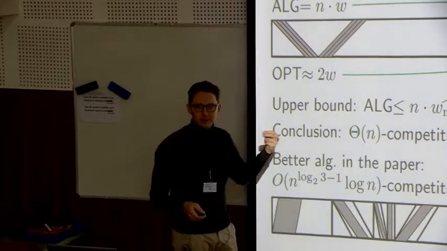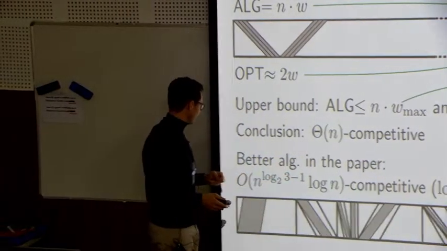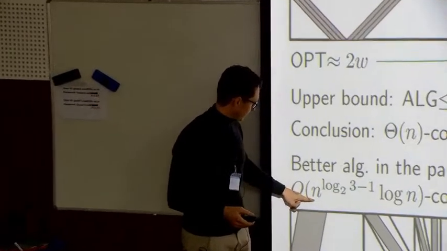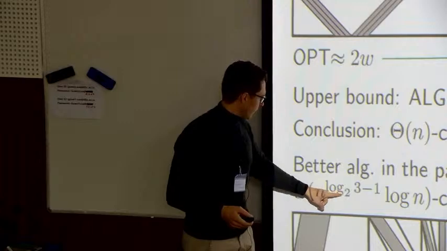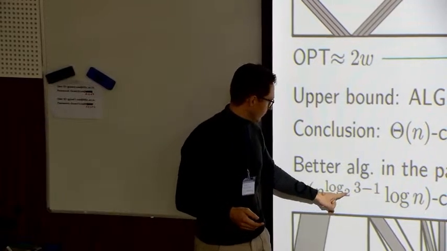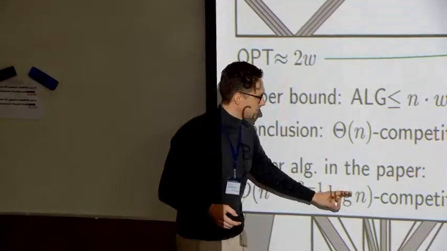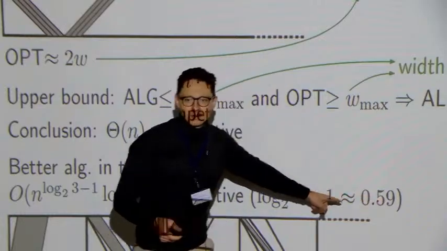So we were wondering if we could make a better algorithm. And then we found a more complicated algorithm that has this competitive ratio: n to the logarithm of 3 minus 1, where the logarithm is in base 2, and then times a log factor. And this log 3 minus 1, that's 0.59.